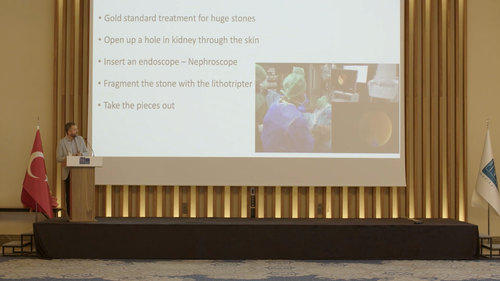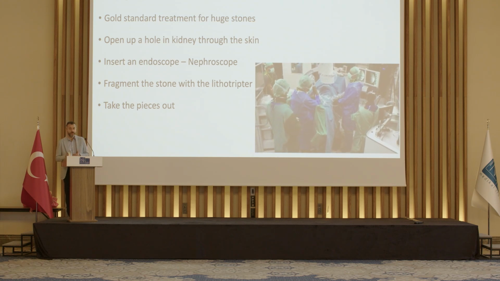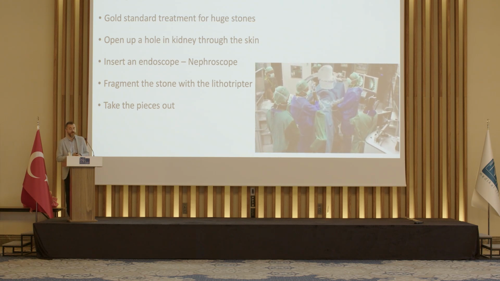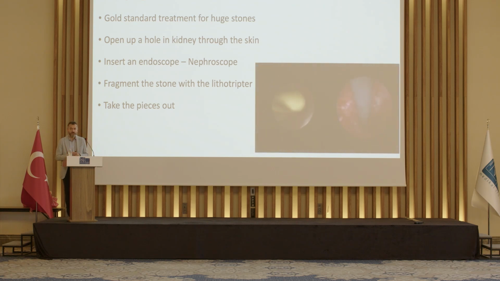So, this is one of the procedures that we mainly apply for the huge stones, that is the percutaneous nephrolithotomy. What we do is, we just access the kidney's collecting system with some imaging, that is either fluoroscopy or ultrasound. And after that, we create a tract from the skin through the collecting system.